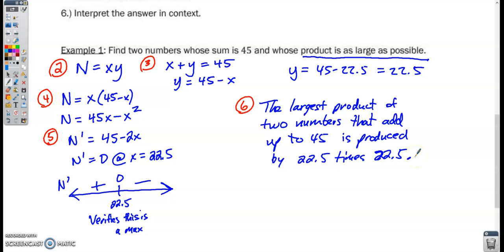Okay, now notice that the problem doesn't ask me what the product is, so I really just need to identify the two numbers, and there we go. I'm done. Let's go on to our second example here.